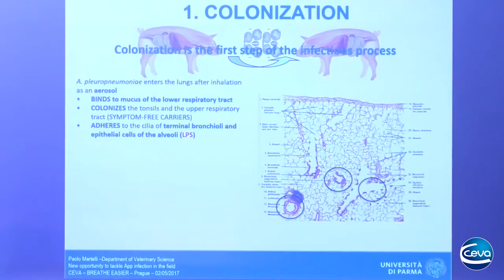So here you see this in a histological picture. You see where the microorganism colonizes, just in the very small bronchioli, in the epithelial cells of the alveoli, not in the epithelial cells of the airways, I mean of the trachea or bronchi.